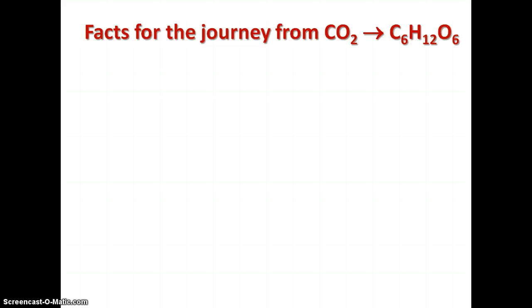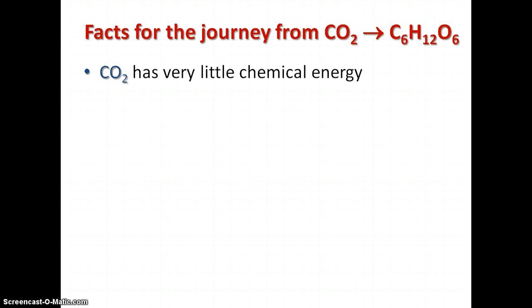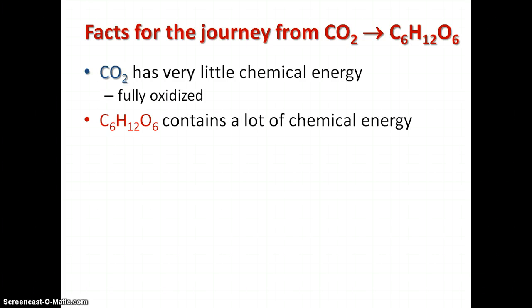So, some facts for the journey from carbon dioxide to a glucose molecule. First of all, carbon dioxide has very little chemical energy. It's already fully oxidized. Whereas our glucose molecule, C6H12O6, contains a lot of chemical energy.